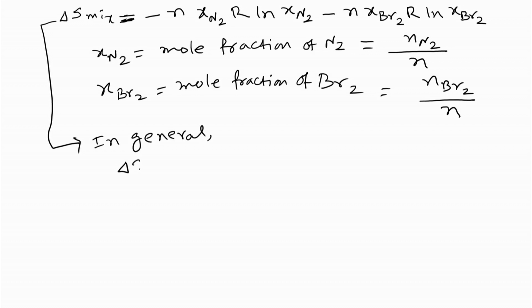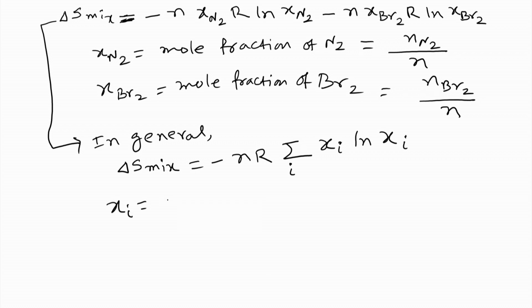So, we can simplify this expression, or in general we can write, delta S mixing is minus N R sum over i x i ln x i, right, where x i is the mole fraction of the ith species. Okay.